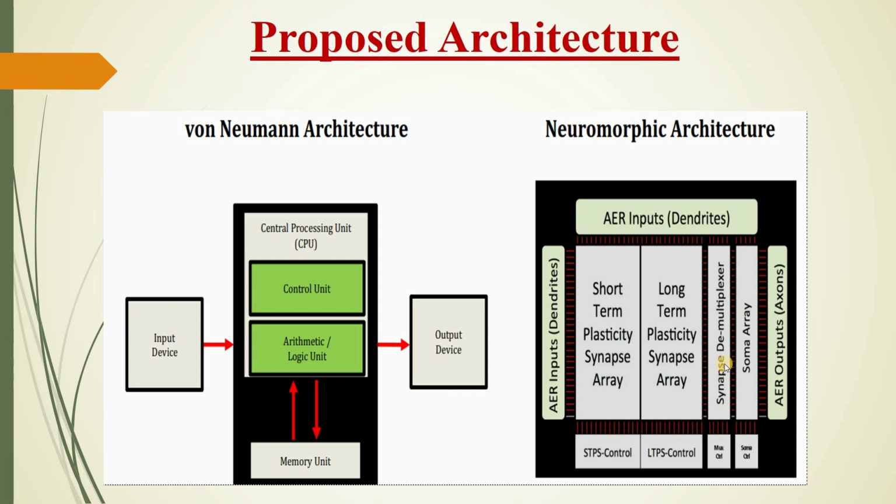Here the synapse means memory, and the soma means the computing element. Both are co-located and merged in neuromorphic architecture. That is the specialty of neuromorphic architecture, which resembles the human brain architecture, and it avoids the bottleneck between the computing and the memory.